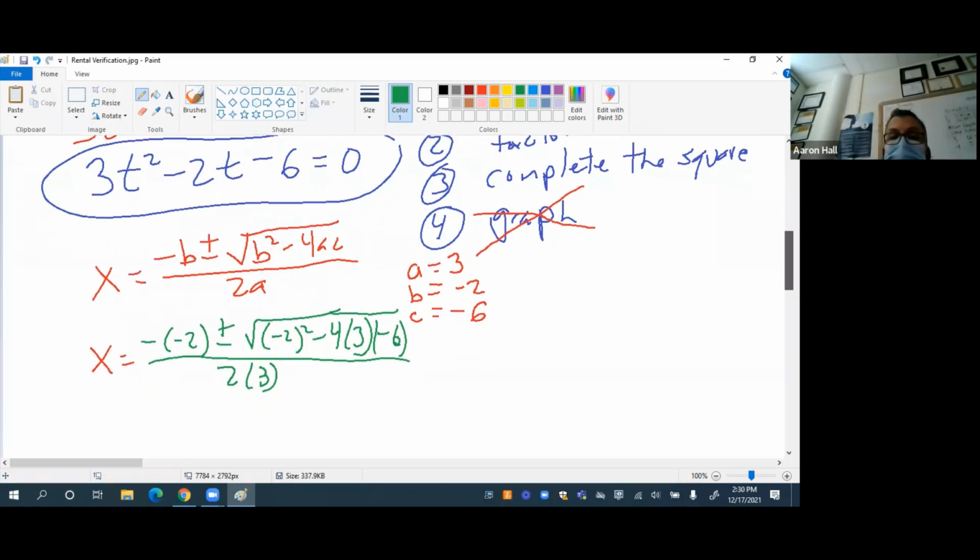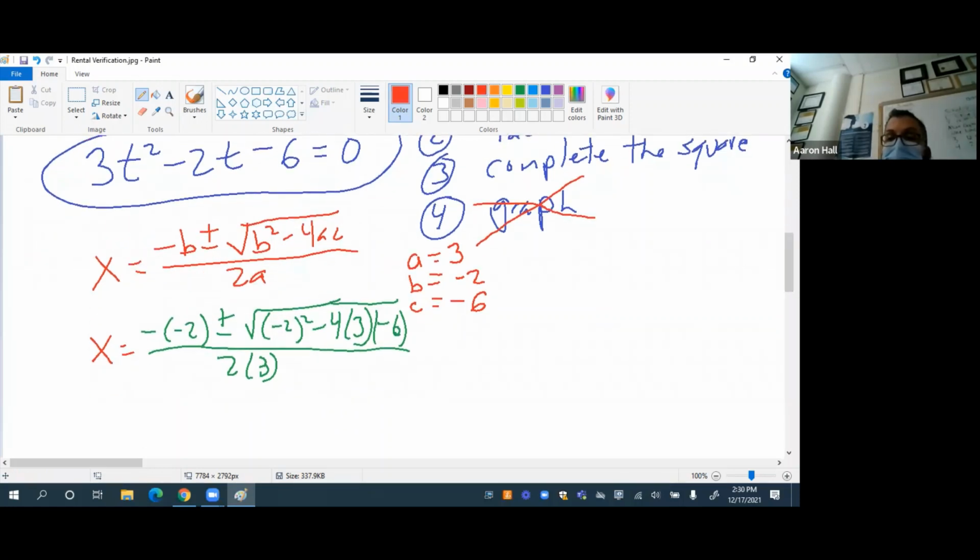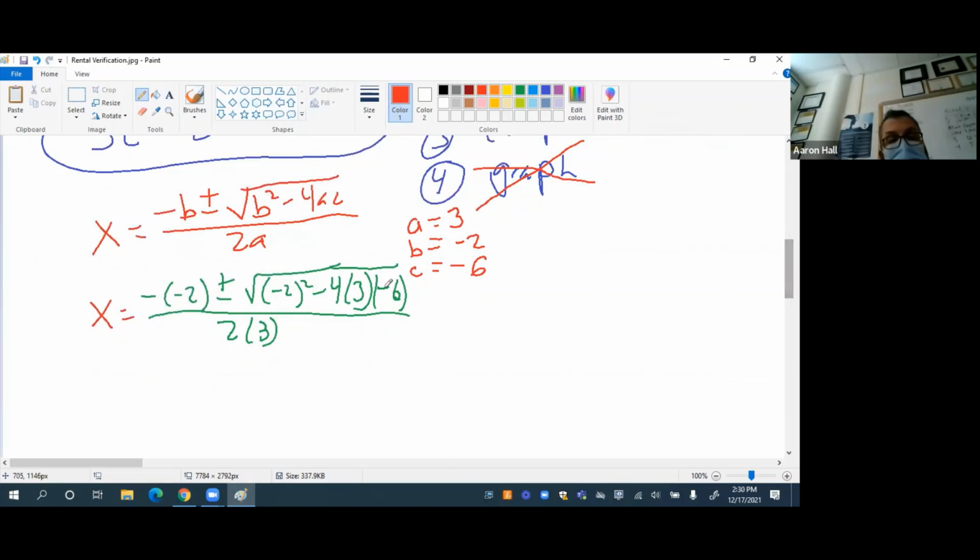Okay, what do I do first? What is this? Yeah, so I have x equals 2 plus or minus 4. What is all of this? 4 times 3 is 12 times 6, 72.